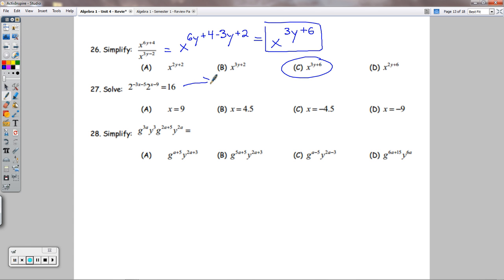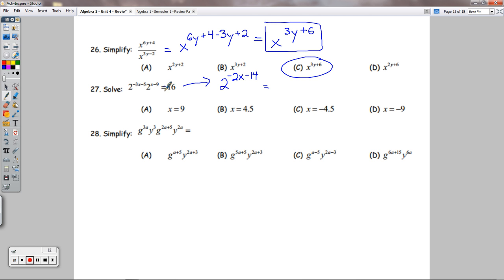On 27, we want to get the same base on the left and the right, so it looks like I want to write this as a power of 2 somehow, and then since I'm just multiplying these two things, I just add the powers. So I would have 2 to the negative 3x plus x would be negative 2x, and then negative 5 plus a negative 9, which would be negative 14.